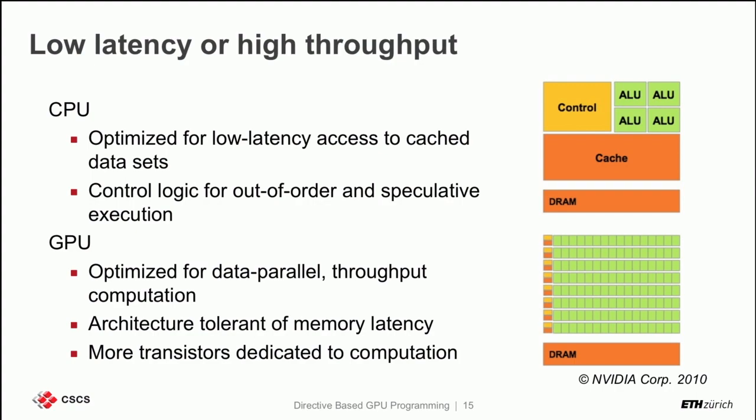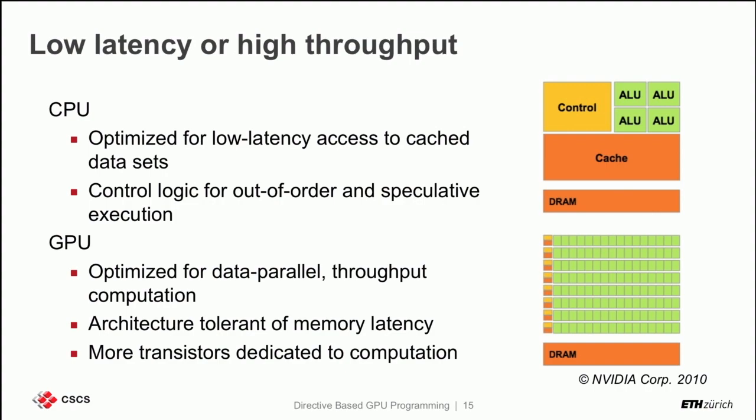But the downside is that you have to spend so much die area on control and on large caches. Now, the GPU is at a completely different end. Almost the majority of the die area of the GPU is occupied by actual processing cores, and these cores are very simple.